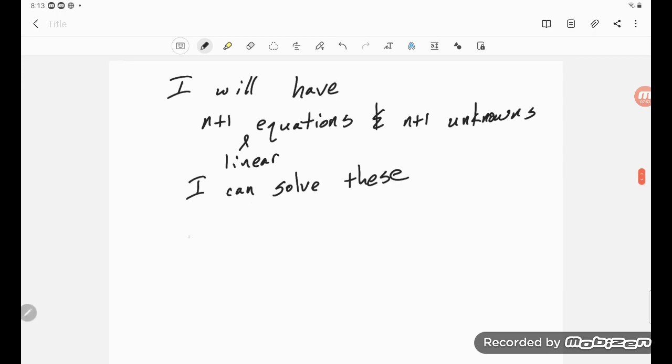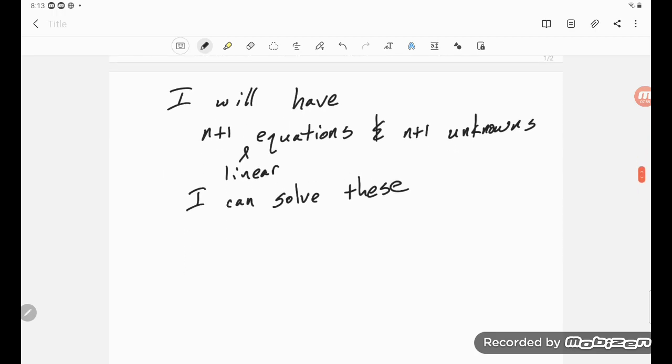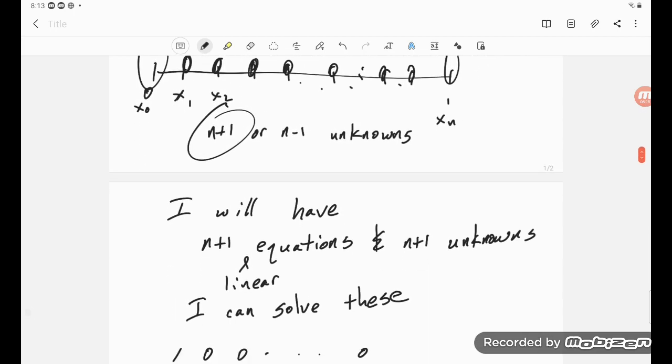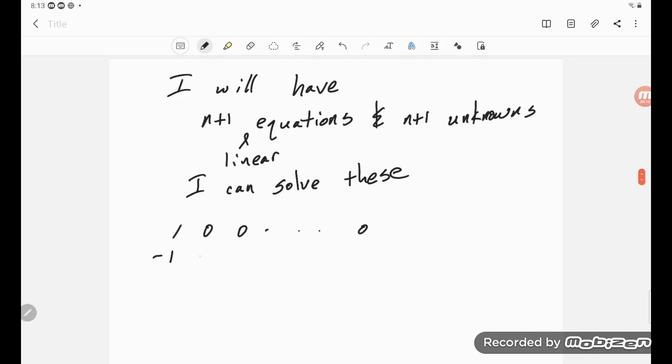Depending on your boundary conditions, how they're set up, you may get something that, if you looked at the coefficients, would look something like 1, 0, 0. These would all be zeros. And then looking at these equations, I would have a negative 1 and then h squared over alpha squared k plus 2 there, and a negative 1 there, and zeros the rest of the way, and then a 0 and a negative 1.